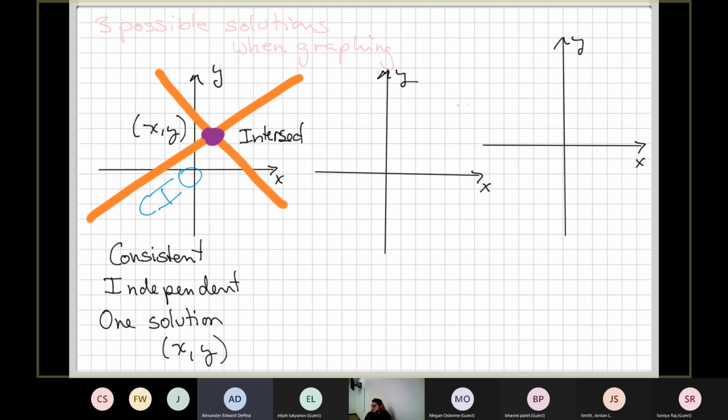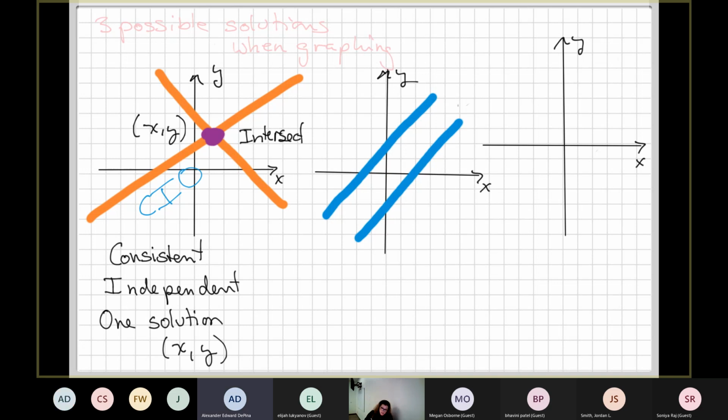Most of the time that will happen, but then you come across, when you graph a pair, and I always say they don't like each other. So here, the lines are parallel.